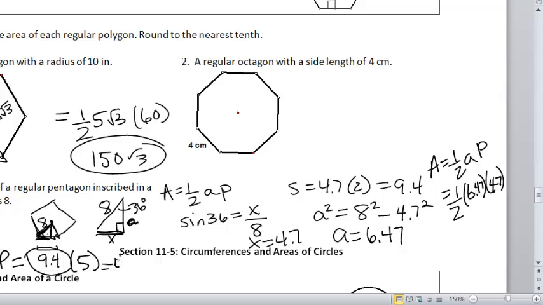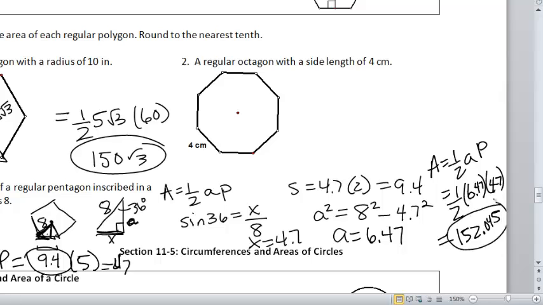Then if we multiply all of that together, we get 47 times 6.47 divided by 2, which is 152.045.